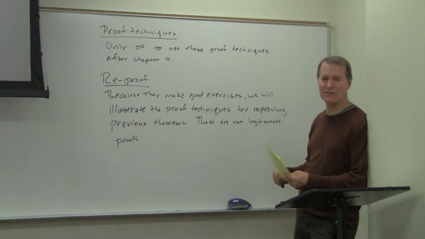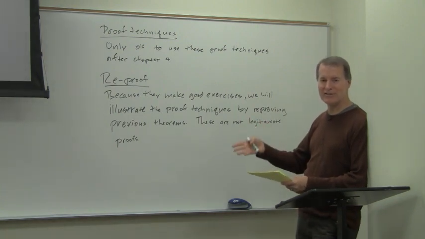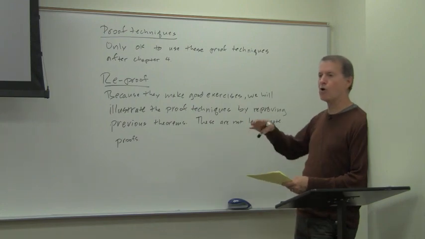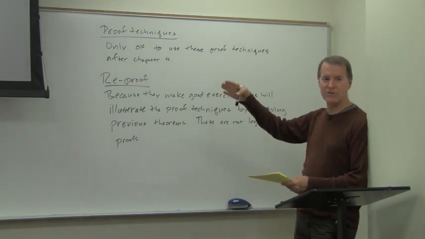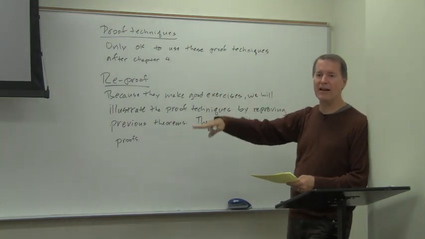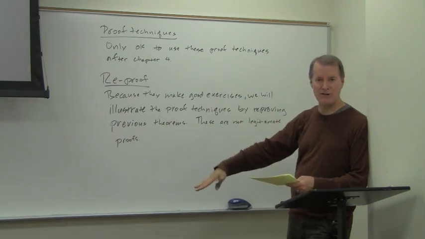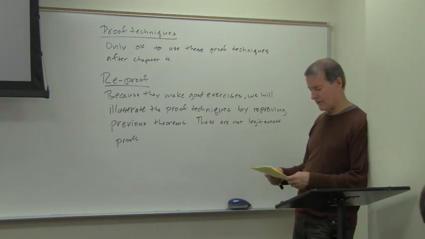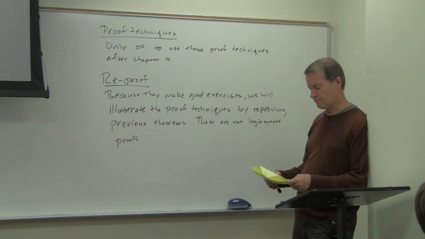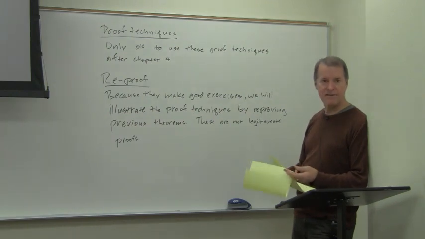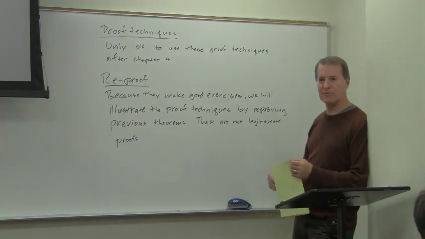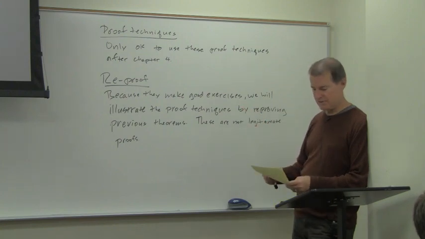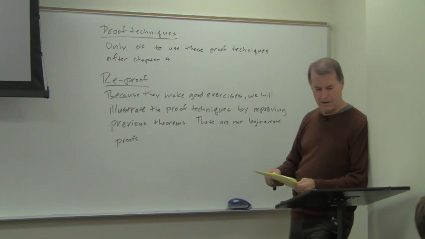But going forward, all the theorems that we prove later using these techniques are legitimate proofs, because from now on we have gotten past Chapter 4. Yes, you can prove all the ones before Chapter 4 without using these techniques. Okay.